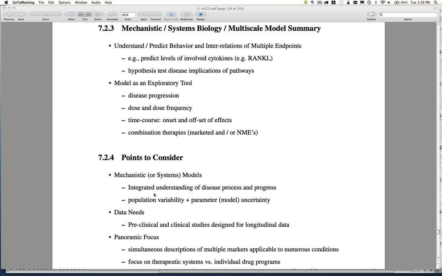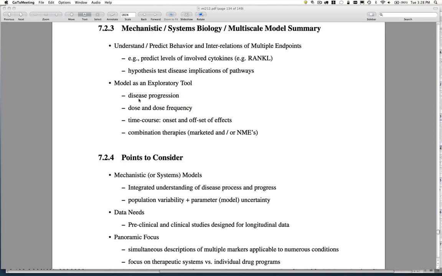One thing that I didn't talk about is that it's very difficult or near impossible to actually measure things like RANK ligand levels, TGF-beta. Yet, when we have the model, we can get at least a prediction of what we think those different levels are doing over time under different disease states, under different therapeutic interventions.